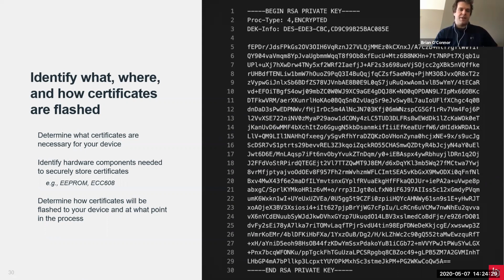It could be flashed to EEPROM, or it could be residing on a component like the ECC 608 chip. So once you understand how those certificates are flashed or received and stored on the device, you can then begin to determine how that will happen. That can come in a number of forms, and so we'll get into a couple different options from what we've seen in the past.